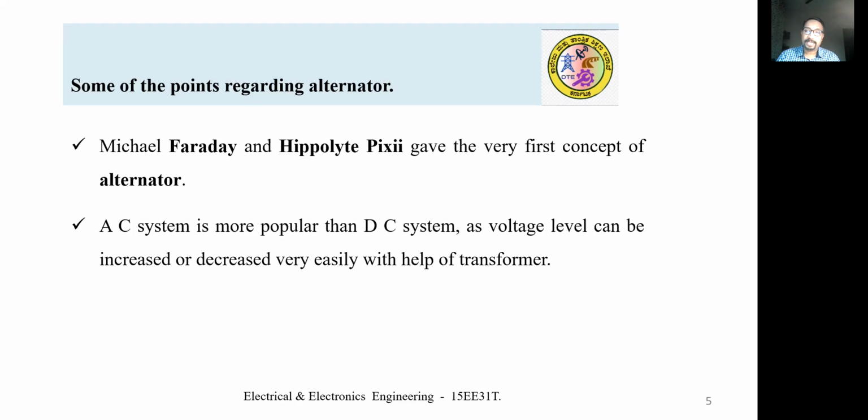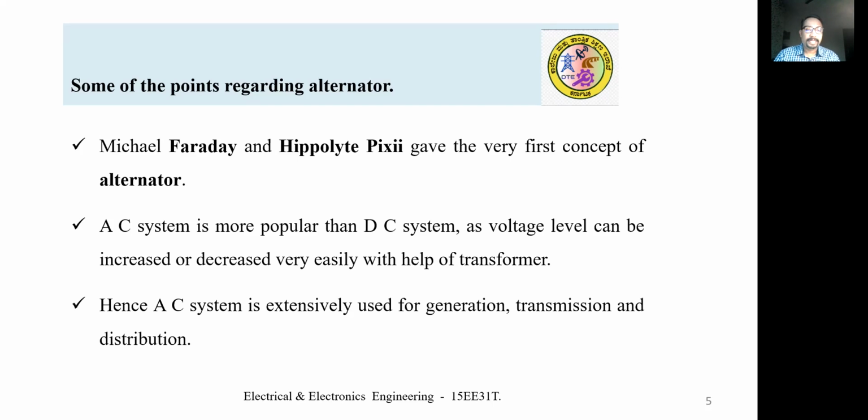But this facility is not available in the DC system. Because of this major advantage, the AC system is much more popular than the DC system. Remember, we don't have the transformer facility in a DC system. That is the major drawback of the DC system, that we cannot use it for generation, transmission and distribution on a large scale.